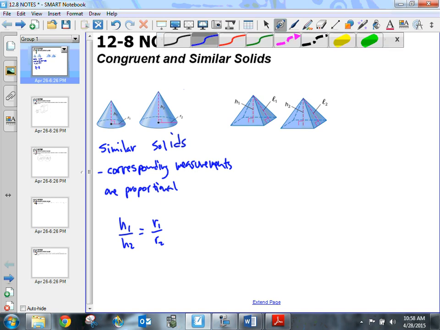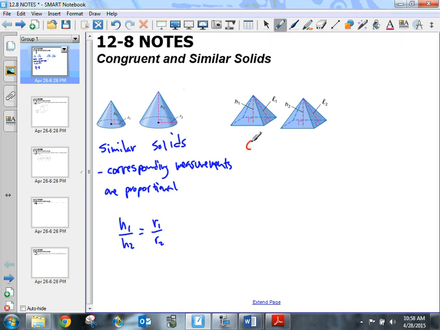Now we have another one where we have congruent solids. We do the same thing, and that just means that your corresponding measurements are congruent.